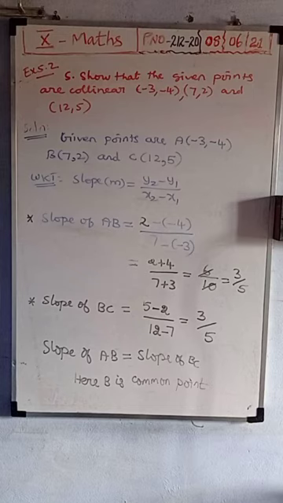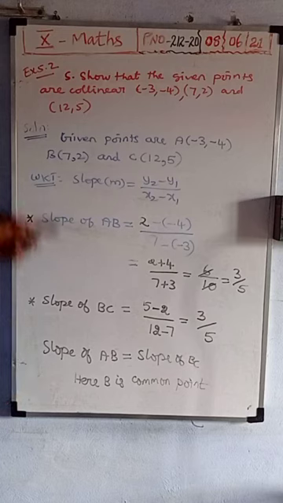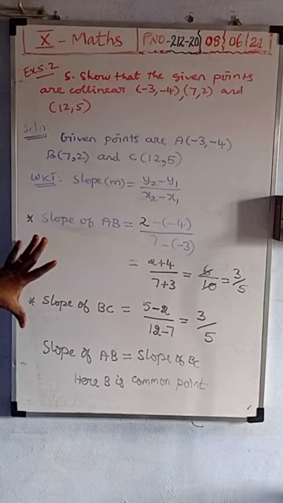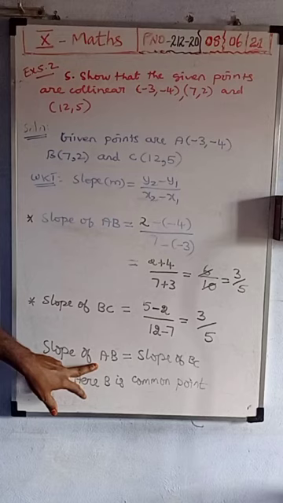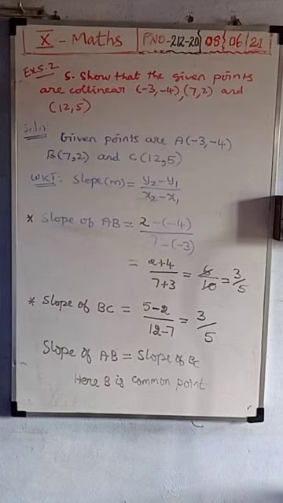Any two lines' slopes we can find. If you compare AB and AC, then A is the common point, and we will get the slopes equal. If the slopes come out equal, the given points are collinear, or else they are not collinear.